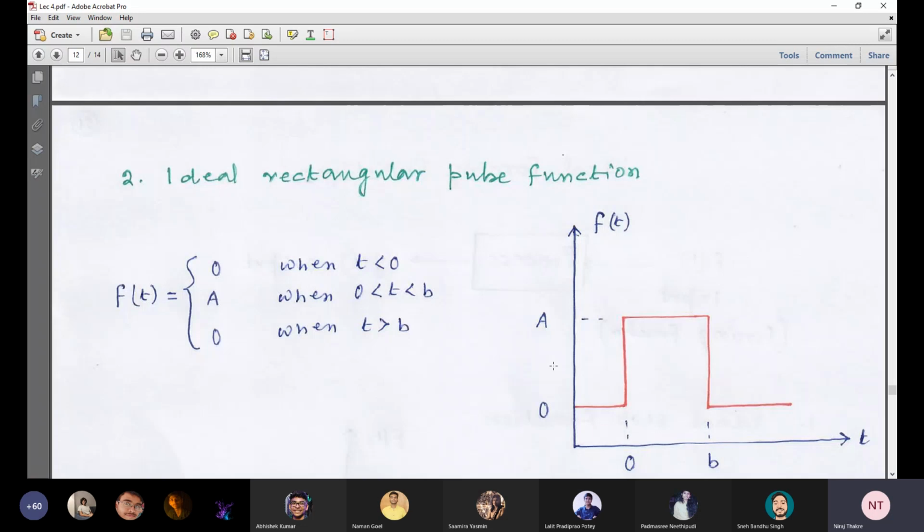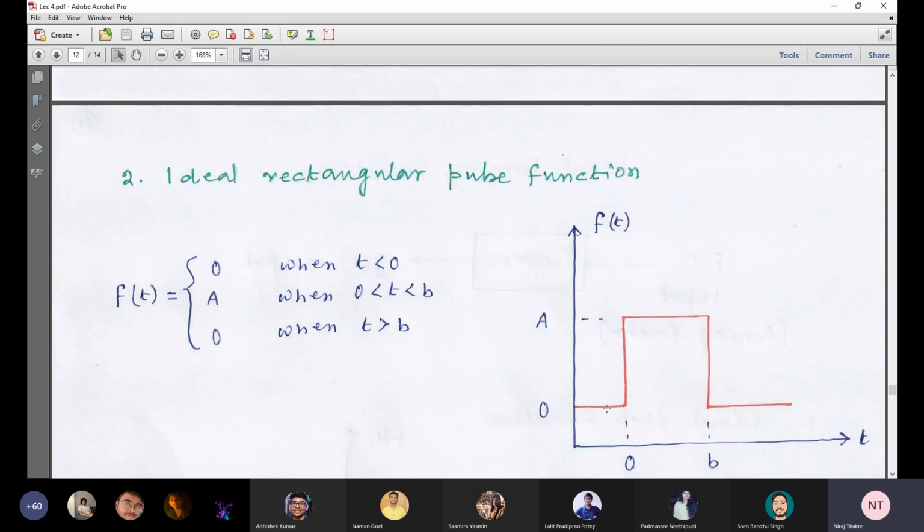So you see, this is basically a combination of two step changes. One step change is from here to here, we are increasing, and another step change we can start from here and decrease. I repeat, this is basically the combination of two step changes.